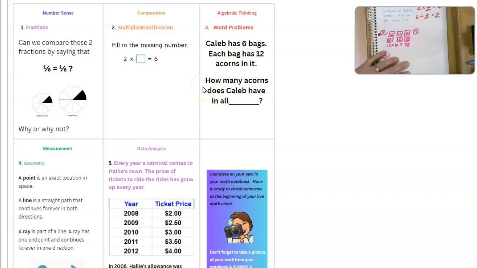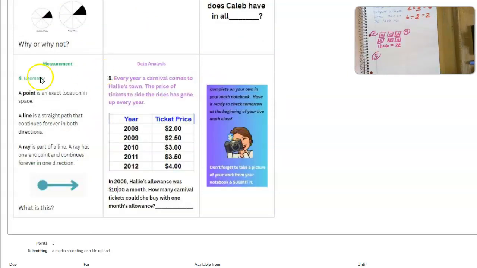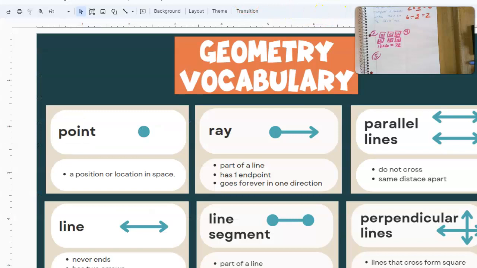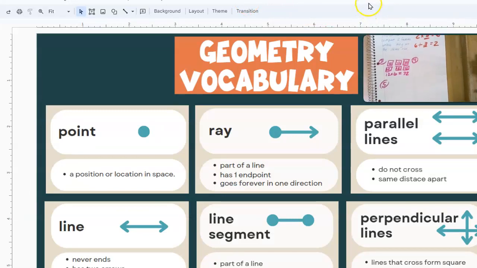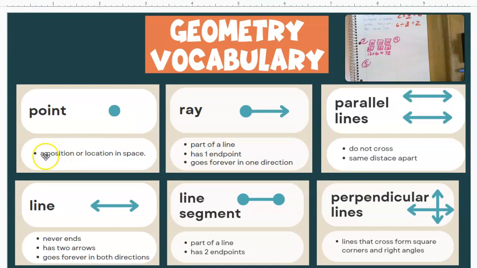Okay, number 4. This week in measurement, I'm asking for some geometry vocabulary. So before I ask you what this is, let's take a look at some different kinds of geometry vocabulary. Okay, so you can see here that a point is a position or a location in space.